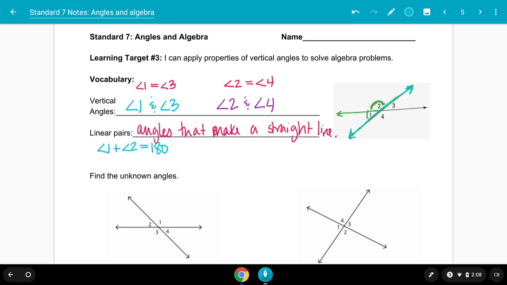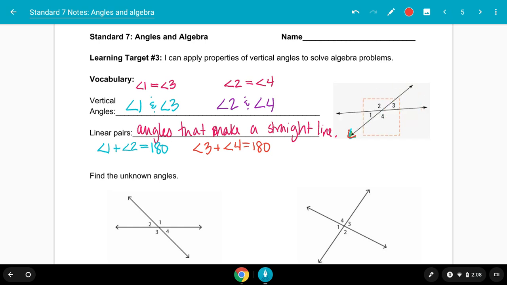It's going to be really valuable to us. On the other side of that line, we have angle 3 and angle 4, and they make that same line. So angle 3 added to angle 4 is also 180 degrees.